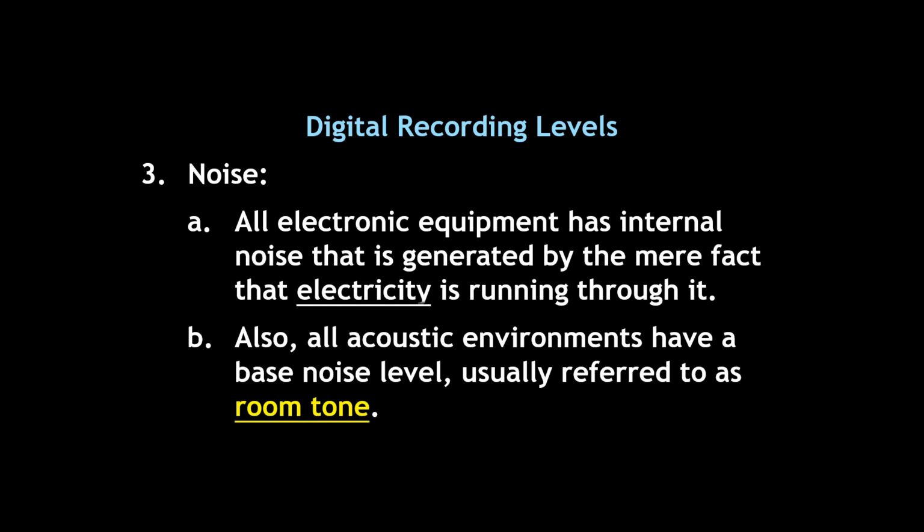Now let's talk about noise. All electronic equipment has internal noise that is generated by the mere fact that electricity is running through it. Also, all acoustic environments have a base noise level, usually referred to as room tone. So you have two different sources of outside noise that could affect your recordings.